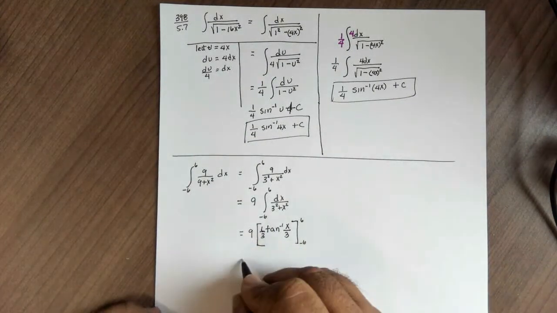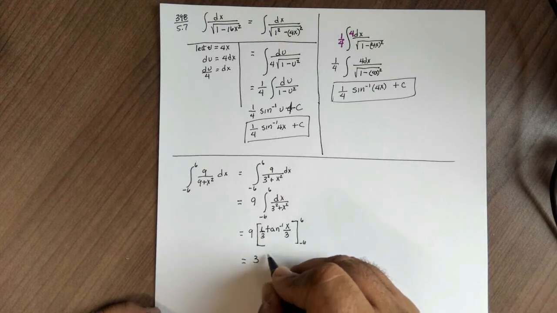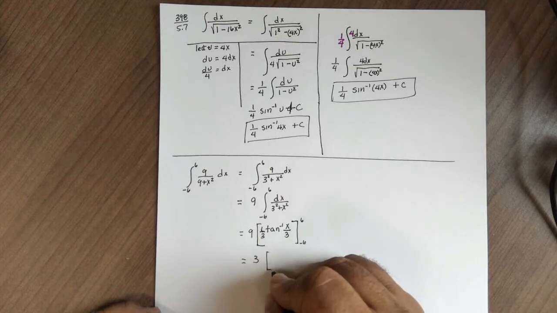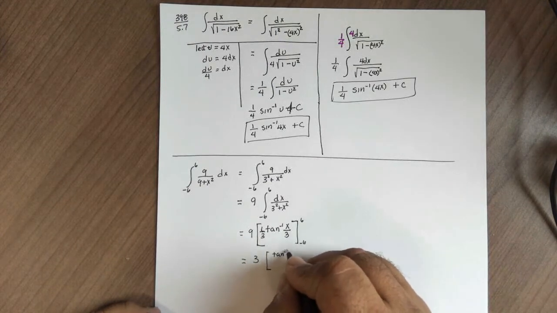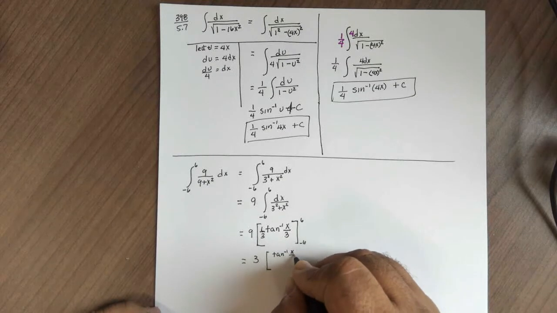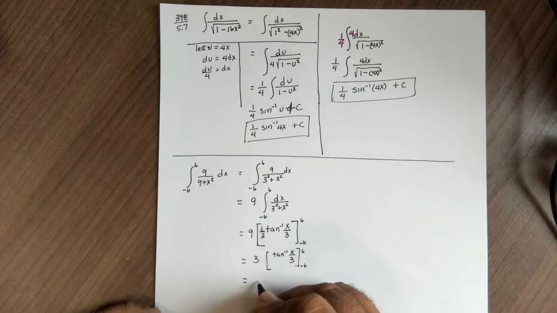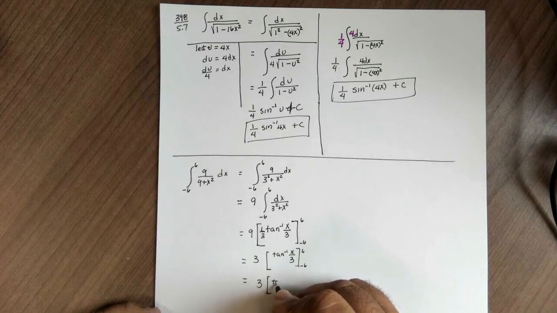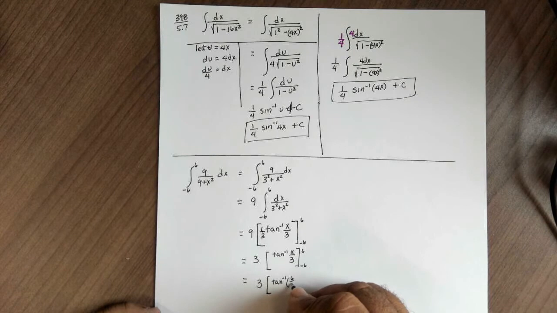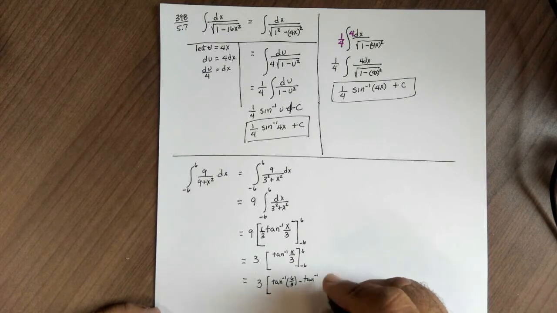So we end up with 3 tangent inverse of x over 3 from minus 6 to 6. That's going to give us 3 tangent inverse of 6 over 3 minus tangent inverse of minus 6 over 3.